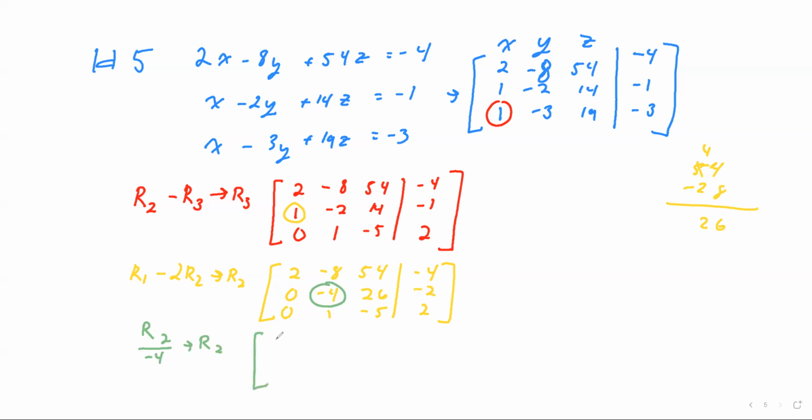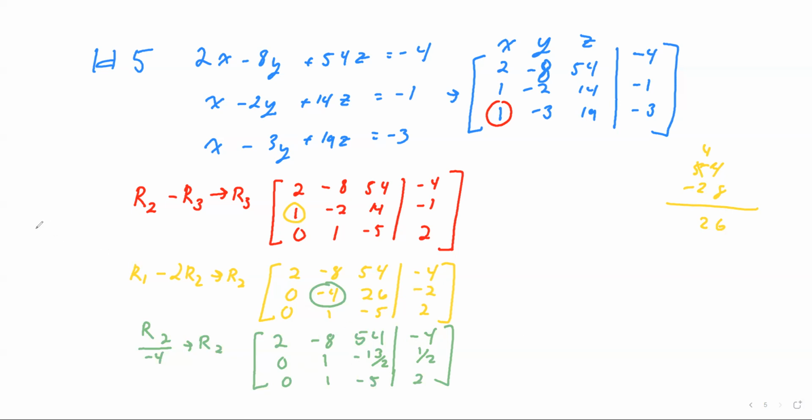So now that's going to give me 2, negative 8, 54, negative 4, 0. Negative 4 divided by negative 4 is 1, which is what we wanted. 26 divided by negative 4 looks like it's going to give us negative 13 over 2. And this right here would be positive 1/2. And then we get 0, 1, negative 5, and 2.